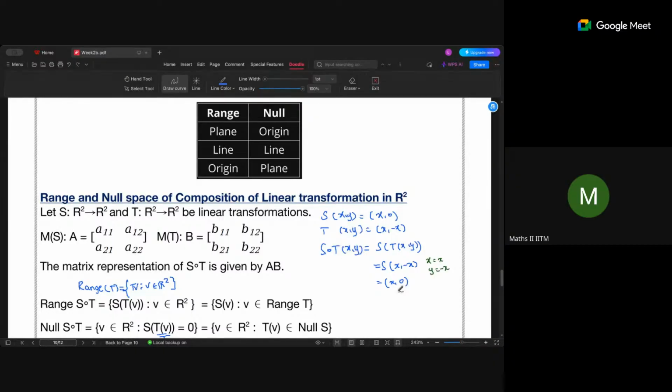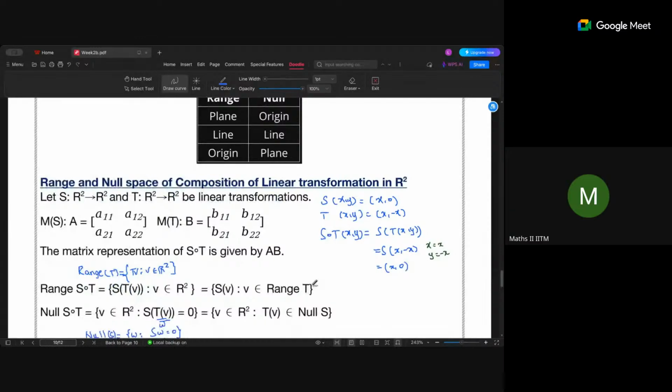So what should be the matrix representation of S composition T? What is S composition T of e1? It is (1, 0). What is S composition T of e2? It is (0, 0).